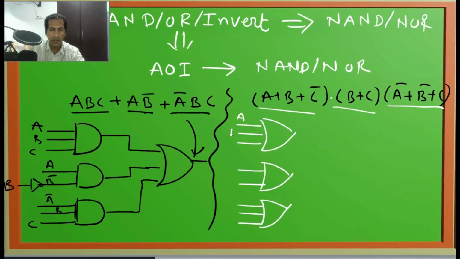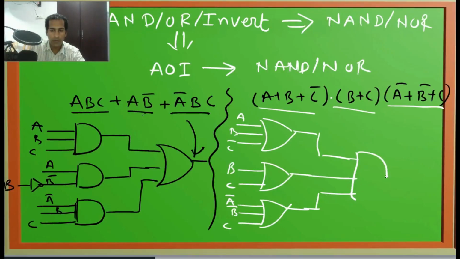Now all these outputs connect to one AND gate, and at the output this overall expression will be there.